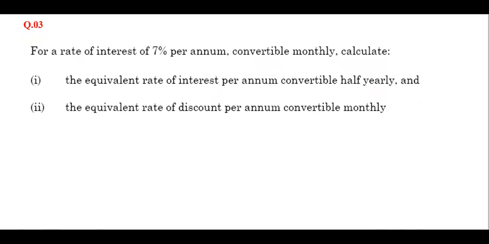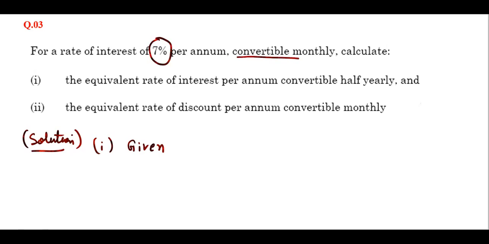So now if I write the solution, I have to write what is given and what you need to find. 7% per annum convertible monthly. That means I12 is given.